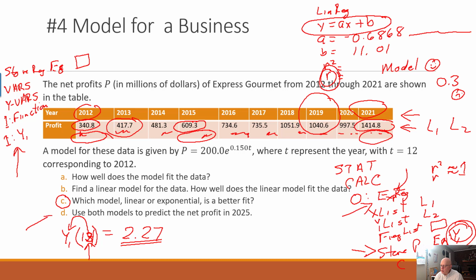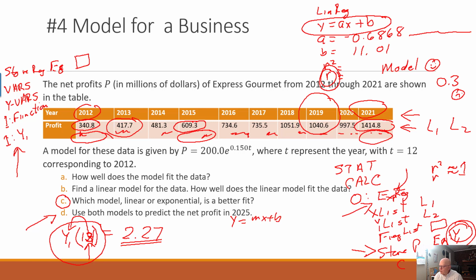If you use both of those models, how do you predict 2025? Well, if you put that y sub 1 in, as I showed you how, you could take, first of all, your linear model. Remember, that was the y equals mx plus b model.